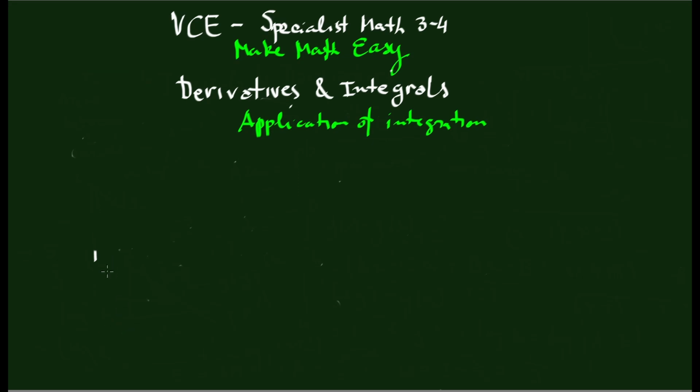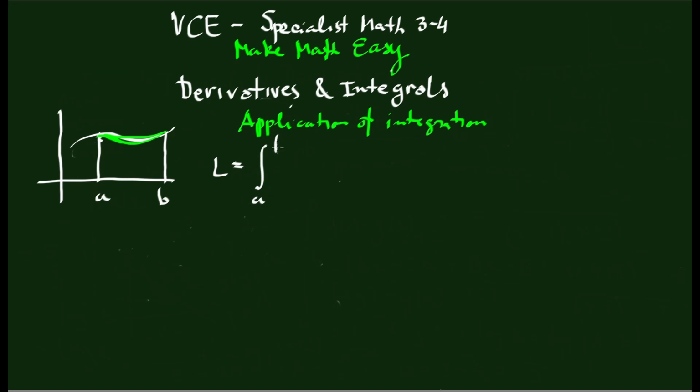So apart from the area between the two curves, you have the length of a curve. So the curve is like that. What's the length of this curve here from A to B? To find the length of the curve, you use the formula L, being the length, is the integral from A to B of the square root of 1 plus dy by dx to the power of 2, dx.